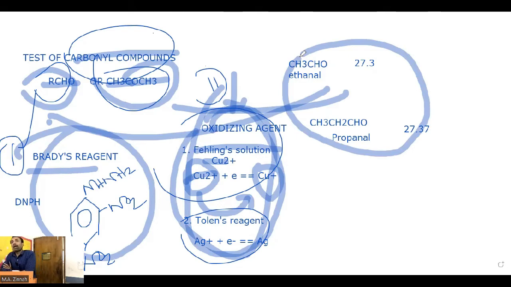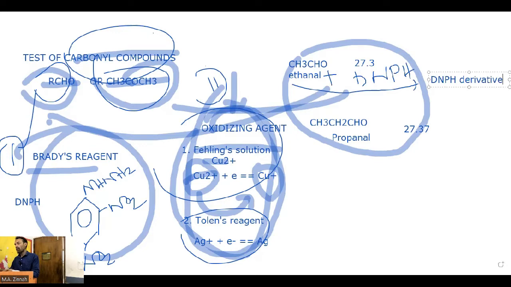Scientists have developed an idea to distinguish them, to identify them. What is that? With this they added DNP. Understand? With this they have added DNP. And the result will be what? Yes, the result will be a DNP derivative, right? DNP derivative of what? Ethanal. You know there is a particular name, but we just write this.